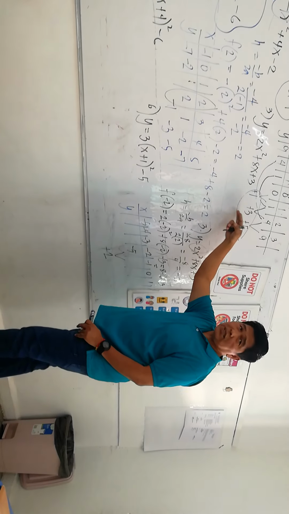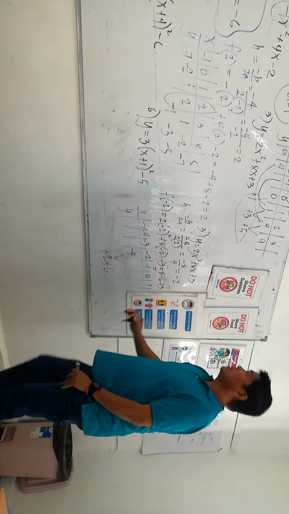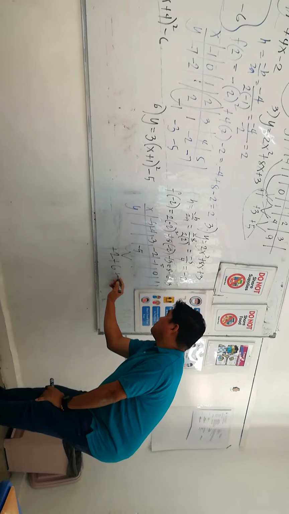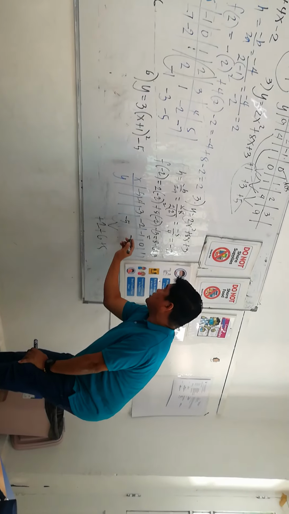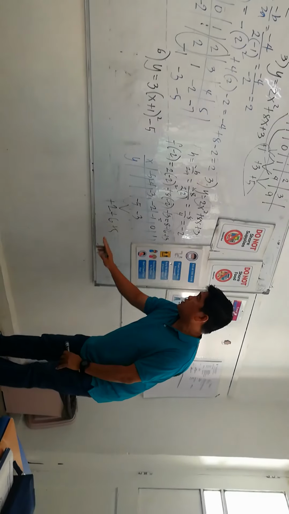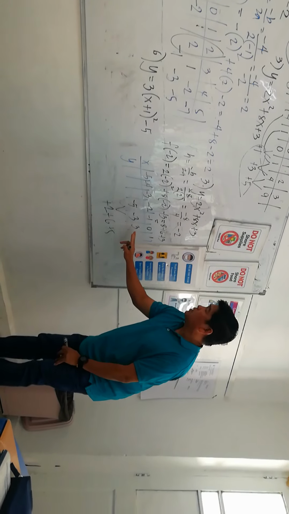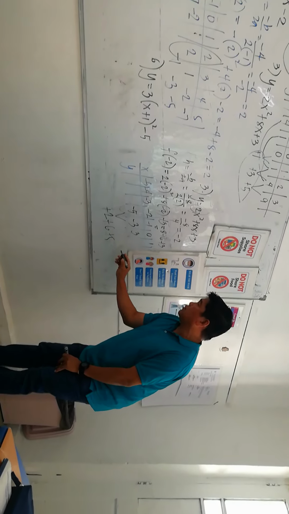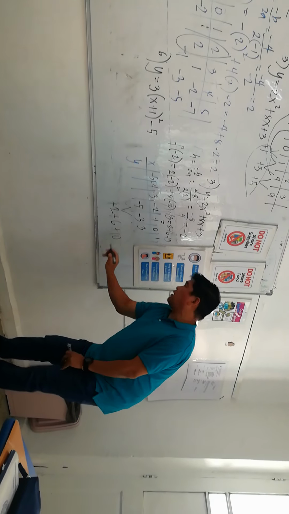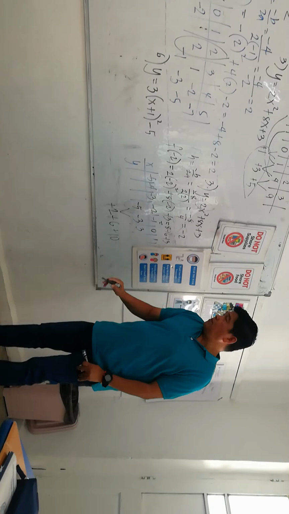So instead of adding 3, add 6, plus 6, then plus 5. So this is now equal to plus 2, negative 3. Negative 3 plus 6 is now equal to 3. Okay, 3 plus 5 equal to, is it equal to 5? No, oh, standard. So okay, so 10. 3 plus 10 equal to 13.